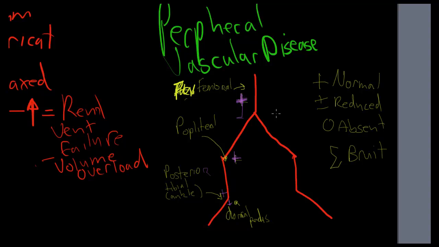And then if you're on the other side, we write this, which means that at your femoral on the patient's left side actually, so this is their right and this is their left.